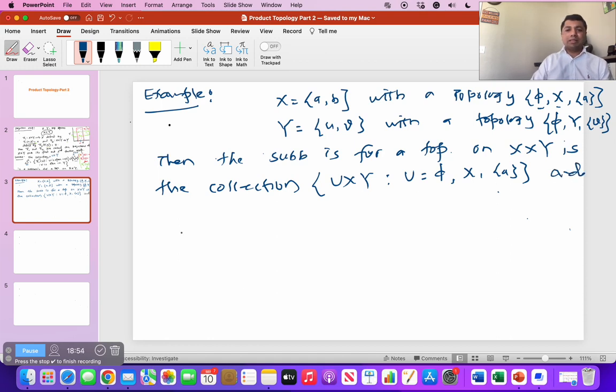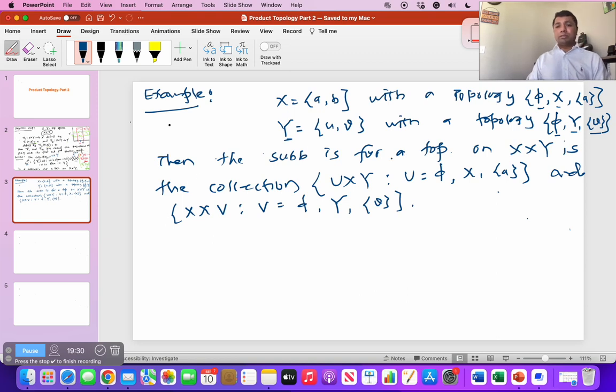The second part in our lemma is that you take the Cartesian product of X with each open subset of Y. In our example, the open subsets of Y are these three sets, because each element of the topology on Y is an open set of Y. Let's call that collection B: phi, Y, and this singleton set {B}.